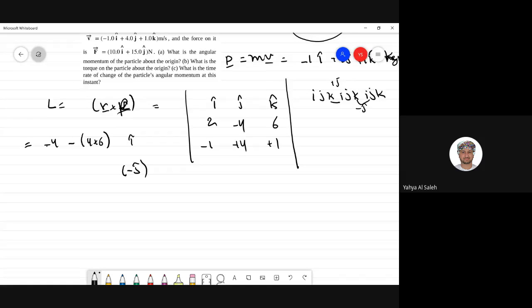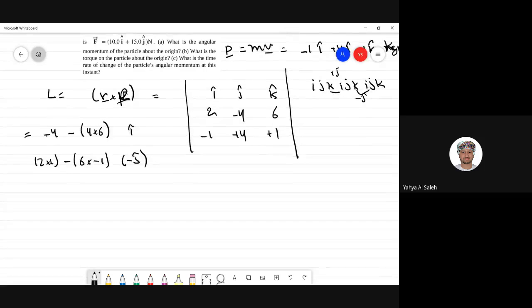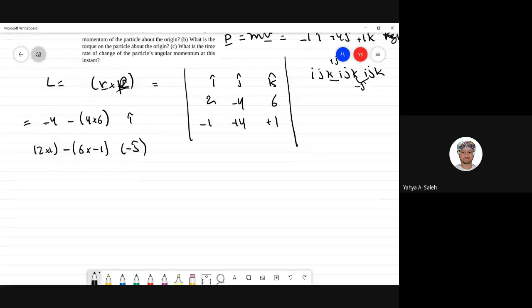It will be 2 times 1 minus 6 times minus 1. Then k, I'll have i cross j, so that's again plus k. I will have 2 times 4 minus 4 times minus 1.